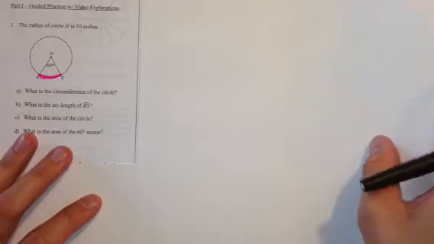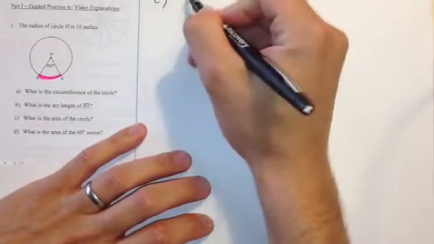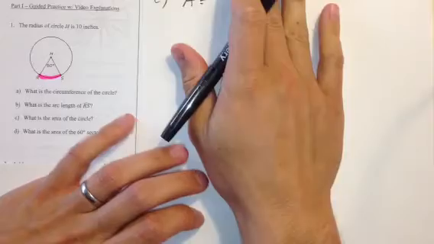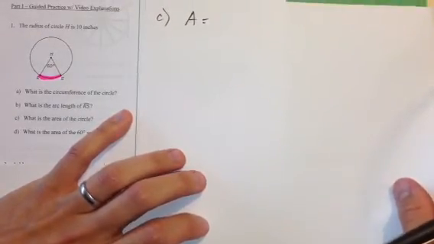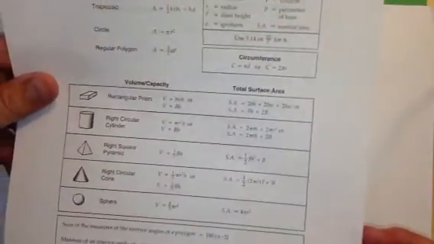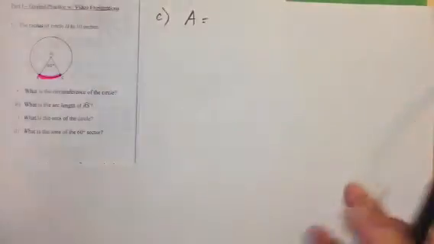Okay, let's move to part C. Part C asks, what is the area of the circle? Now in part C, the formula for the area of a circle, we know on our formula sheet, if you don't know off the top of your head, is pi r squared.